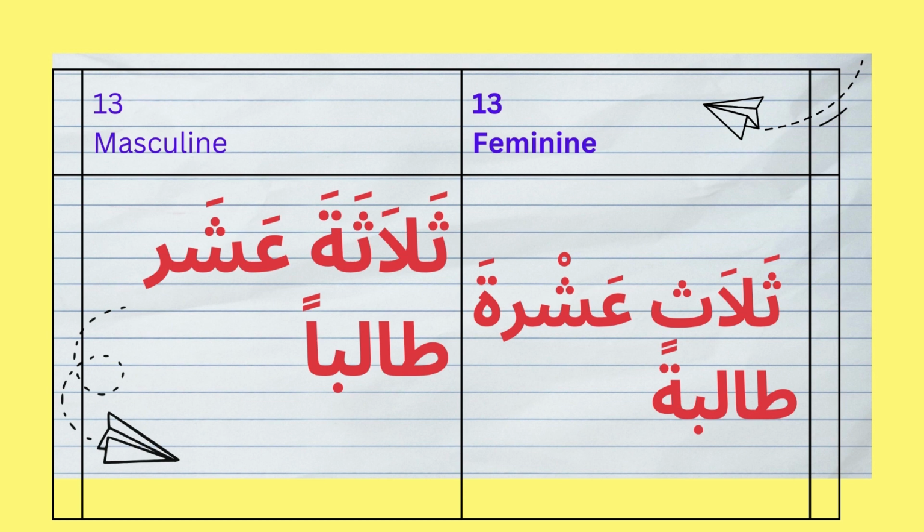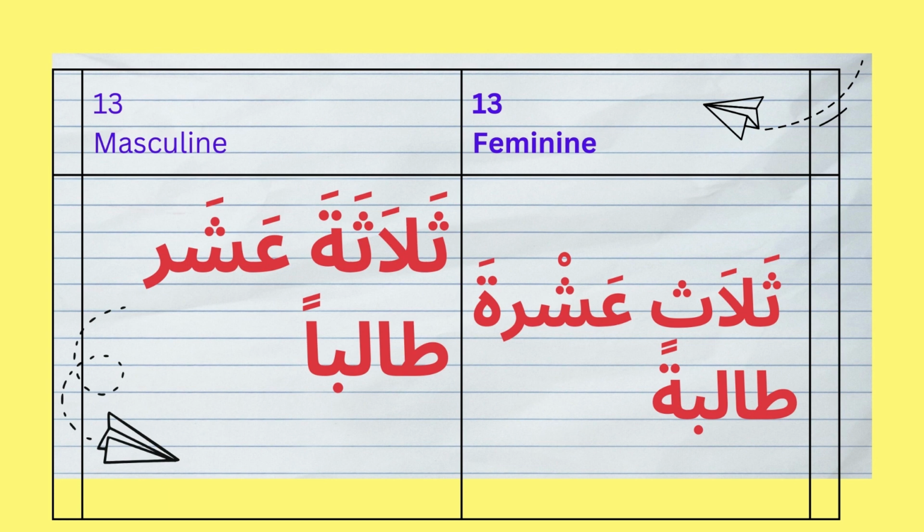So notice that I'm combining them here with the word طالبة. ثلاث عشرة طالبة. عشرة agrees with طالبة because it's feminine, whereas ثلاث doesn't because of the polarity rule that we talked about with regards to numbers 3 to 10. ثلاث is masculine because طالبة is feminine.